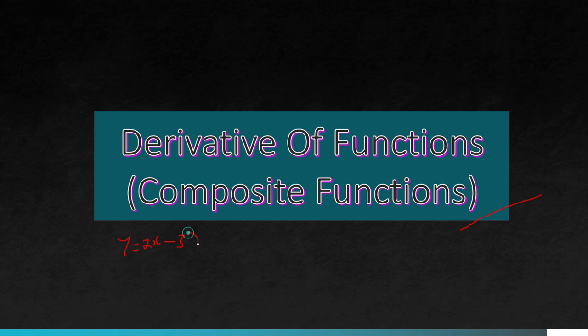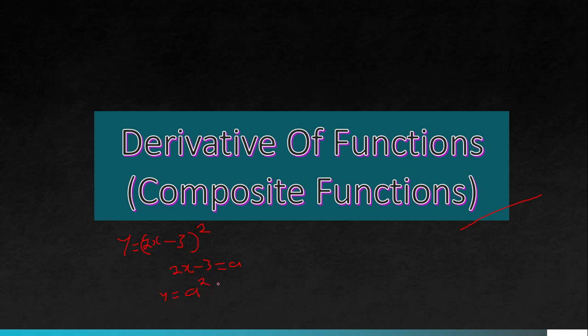But if I have something like 2x minus 3 squared, in this case, I'm getting two functions. The first function is 2x minus 3, and the second function is this 2x minus 3 raised to the power of 2. Assuming this 2x minus 3 is equal to a, that means a raised to the power of 2 will give us our value of y. So we have two functions.